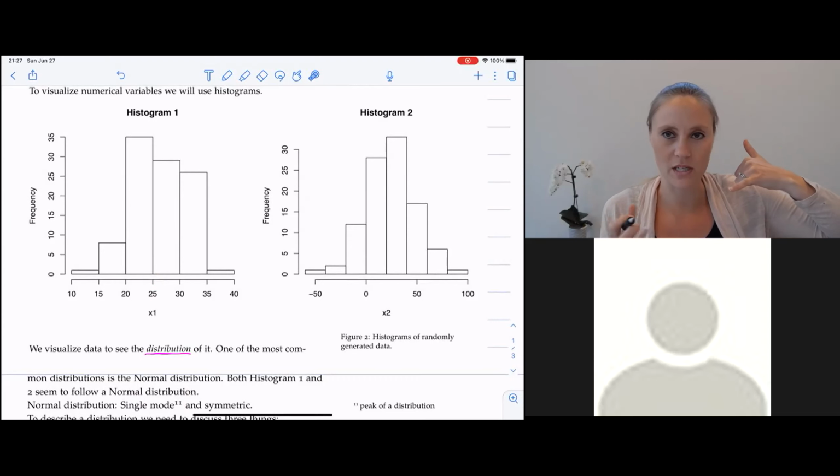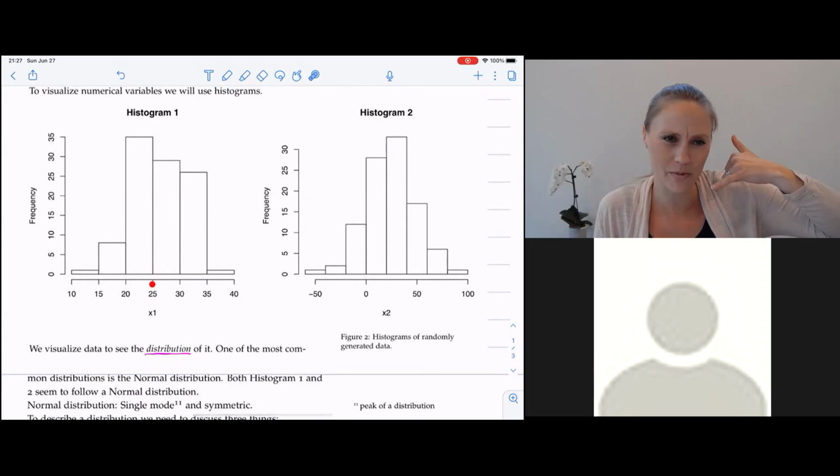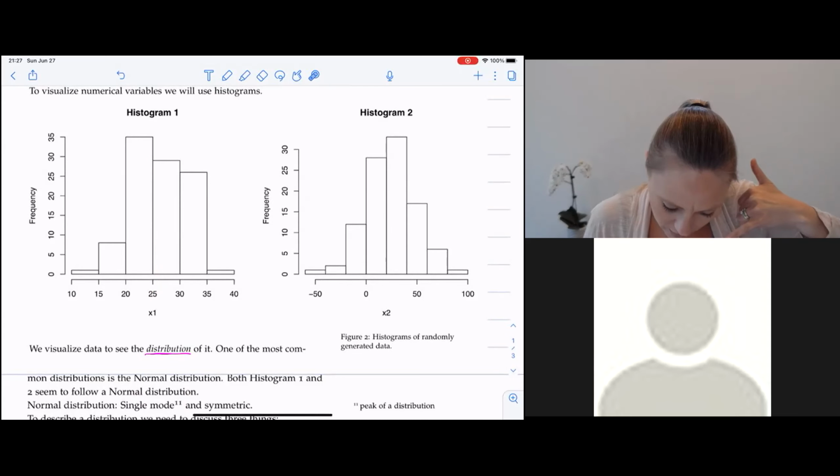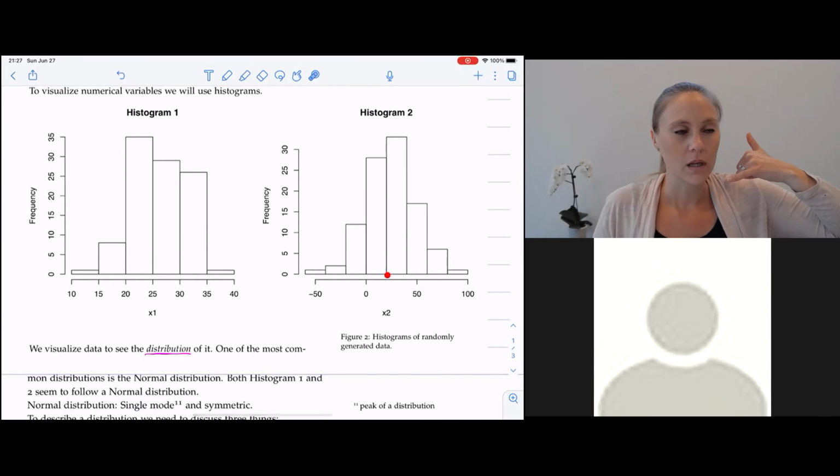You don't have to go into any detail, but you do have to say where it's centered. Okay, so where are the most frequently occurring data points happening? I don't know, around 25. Oh, how about histogram 2? Let me check. Oh, also around 25. Weird. Okay, cool.